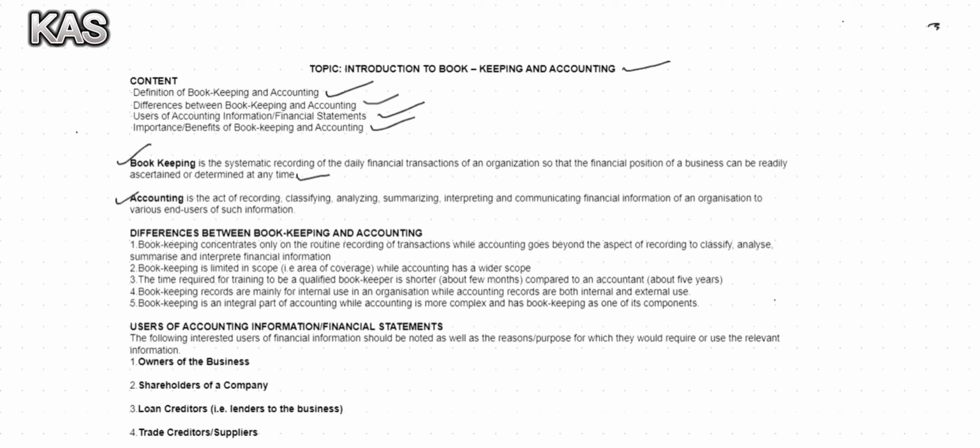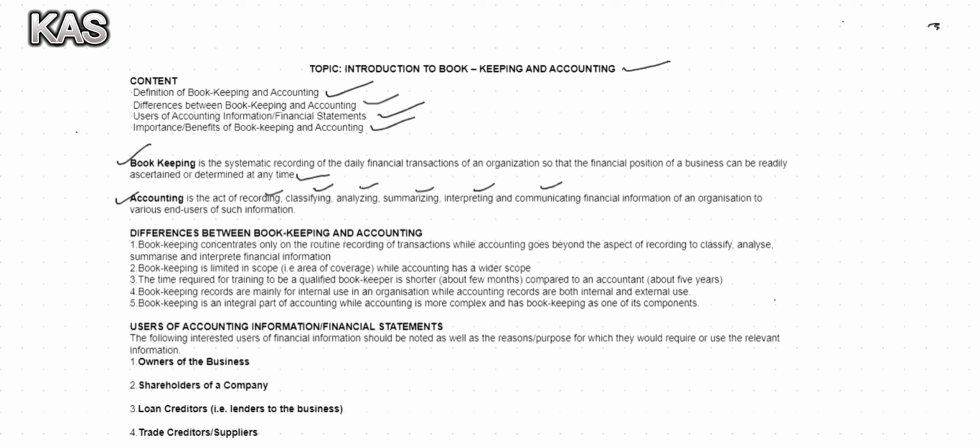Accounting is the act of recording, classifying, analyzing, summarizing, interpreting, and communicating financial information of an organization to various end users. What this means is that accounting is more advanced than bookkeeping.